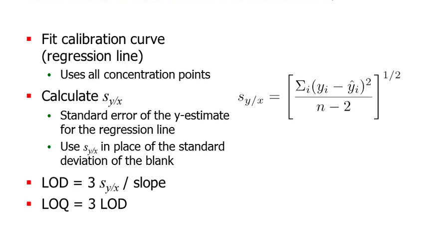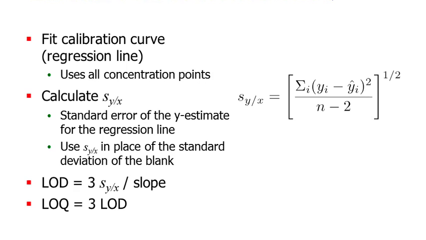So essentially what this does is you fit the regression line using all the concentration points in your calibration curve. And then you calculate the standard error. So once you have your regression line, you have what they call the y hat, or your predicted values for the actual values that you have observed. And so you can calculate the error of the regression to the actual observations. And so you calculate the standard error for your regression line.